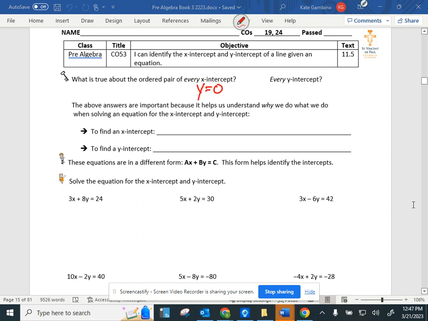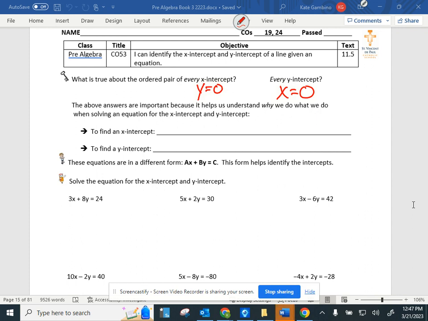Y equals 0. What is true about every y-intercept? Yes. X is 0.